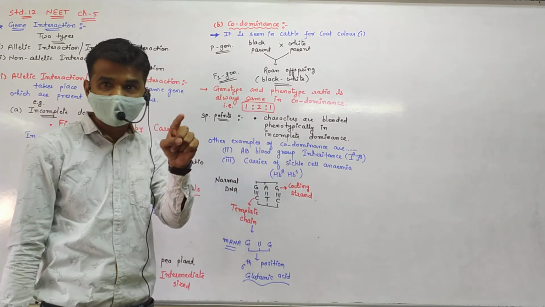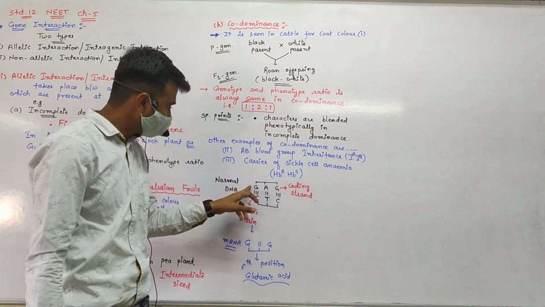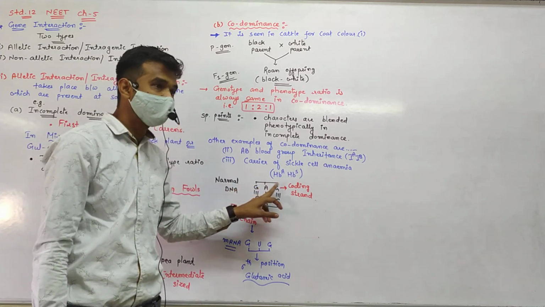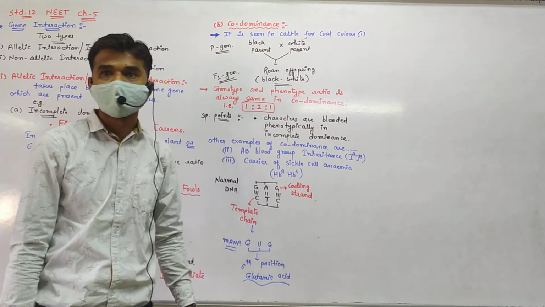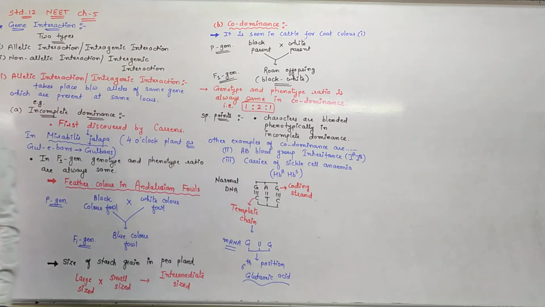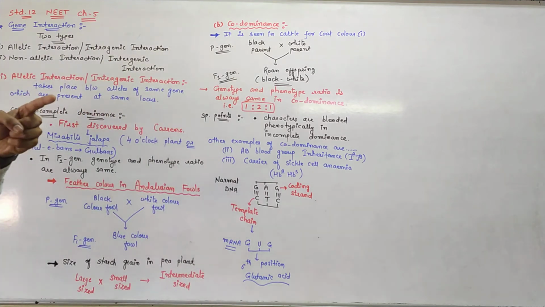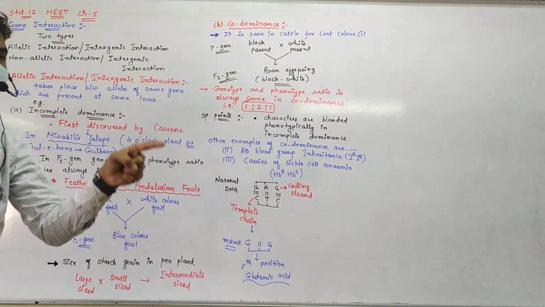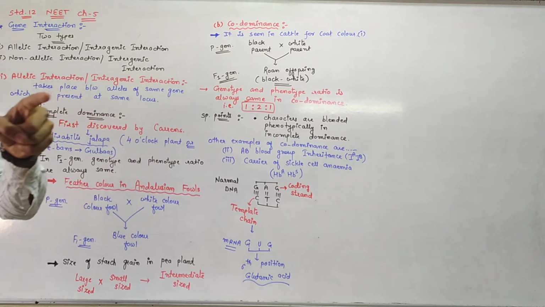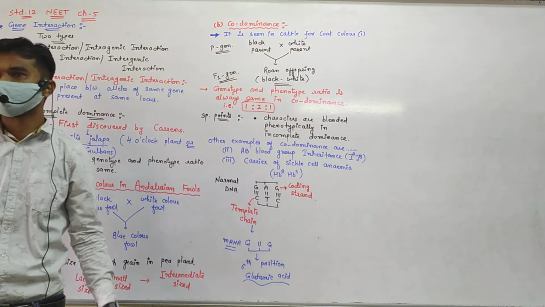But here you understand this: GAG becomes the coding strand. And you know that this coding strand becomes the non-template chain at the time of the transcription process.